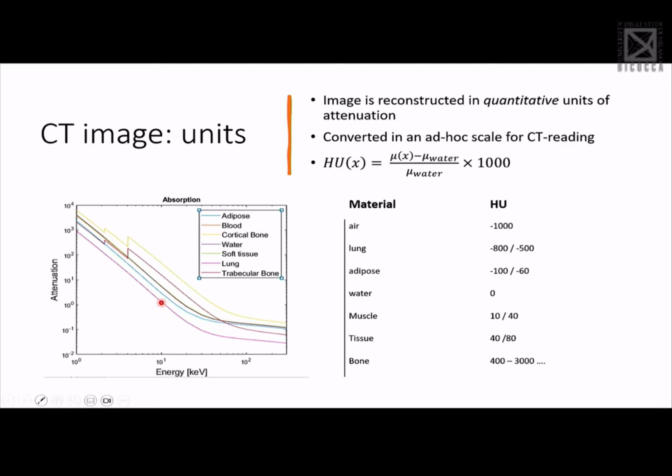And we have seen that these absorption coefficients depend strongly on the density of the tissue of interest. So this means that when we reconstruct an image, differing from planar X-rays, actually we have a quantitative unit. So we get images that directly have a unit of measure.